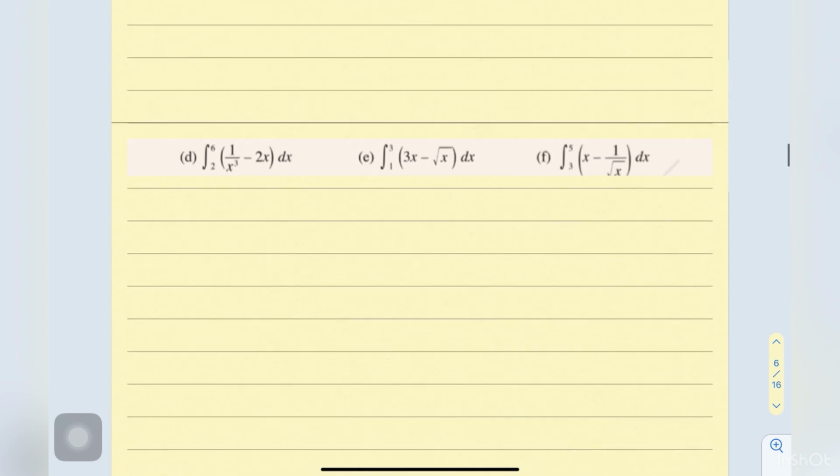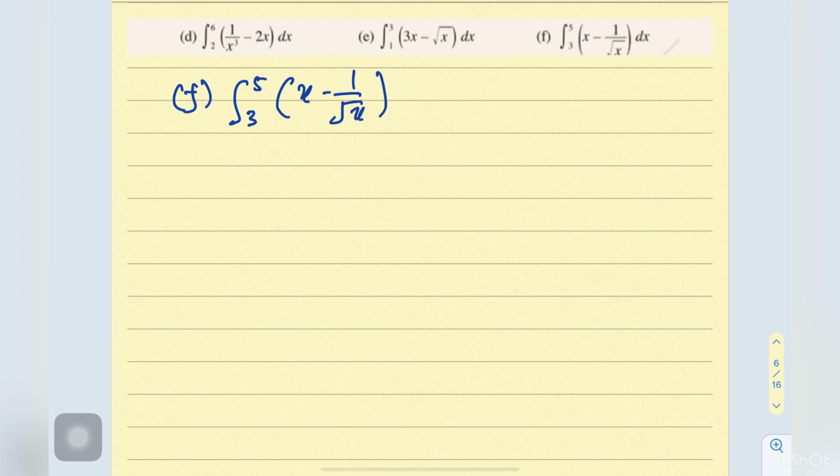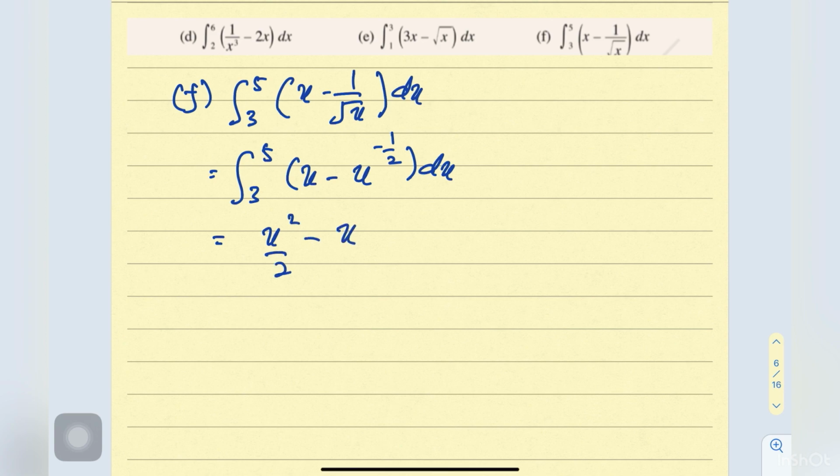Then the last one for question number 1, F. Integrate from 3 to 5, x minus 1 over square root x dx. So from 3 to 5, x minus x to the power of negative 1 over 2 dx. Integrate: x squared over 2 minus x to the power of negative half plus 1, over 1 over 2. So we simplify first.